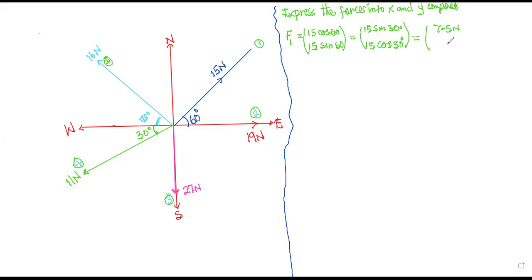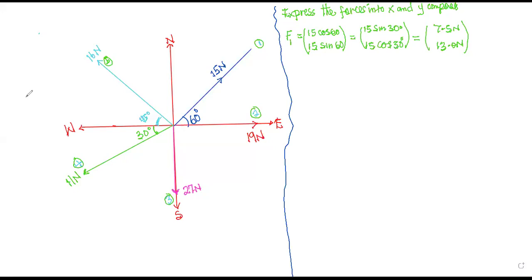Yes, sir. 7.50 and 12.9. Okay, let's please take it as approximately 13. I'm doing that because I have a template here and I want us to work with the answer we have here.